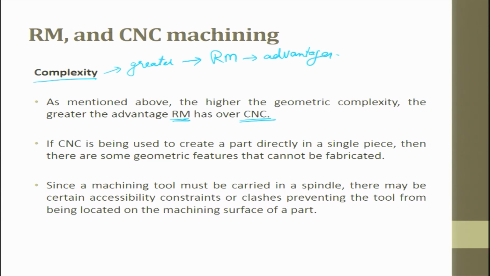If CNC is being used to create a part directly in a single piece, then there are some geometric features that cannot be fabricated. Since a machine tool must be carried in a spindle, there may be certain accessibility constraints or clashes preventing the tool from being located on the machining surface of a part.